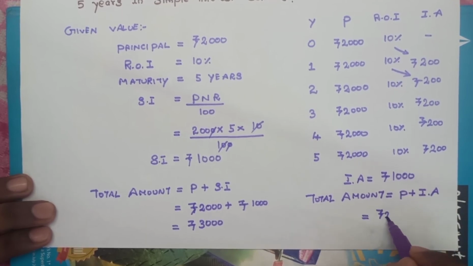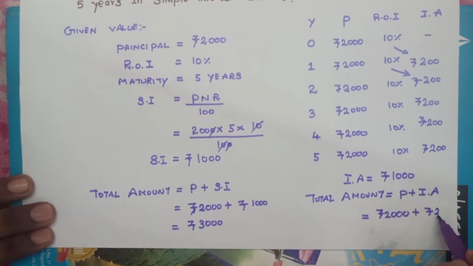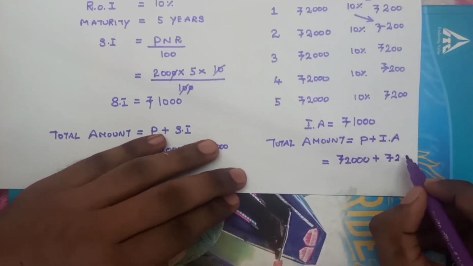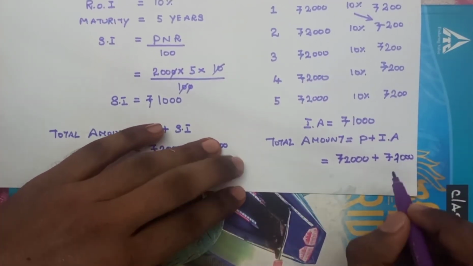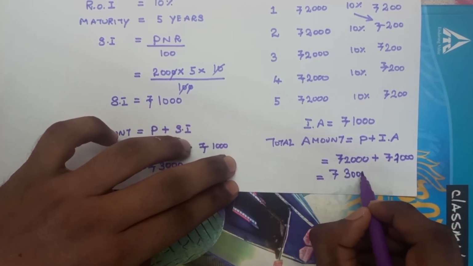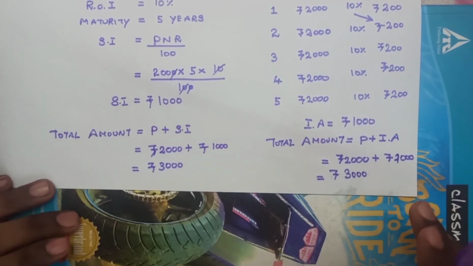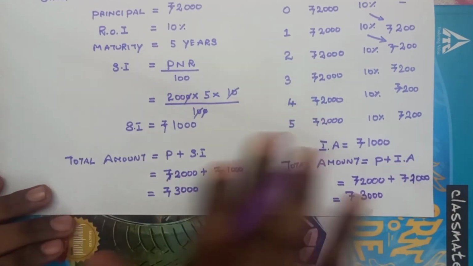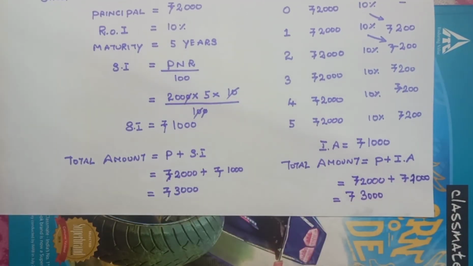Your initial principal is 2000 and your interest amount is 1000, and finally you will get rupees 3000 after completion of 5 years. So in both the terms we have seen this problem. I hope you understood well.